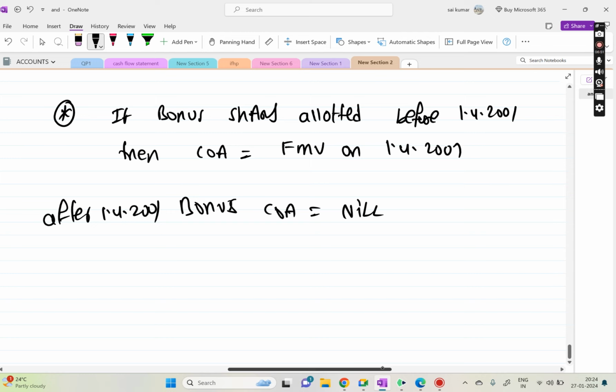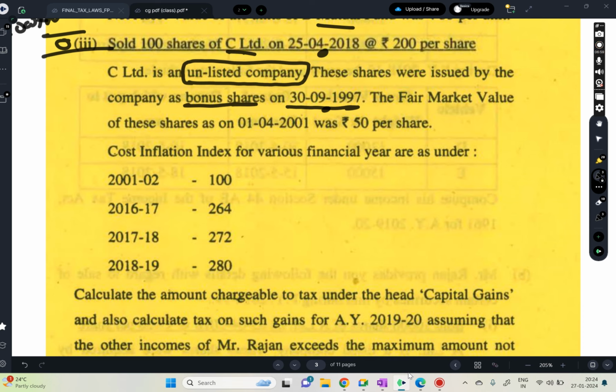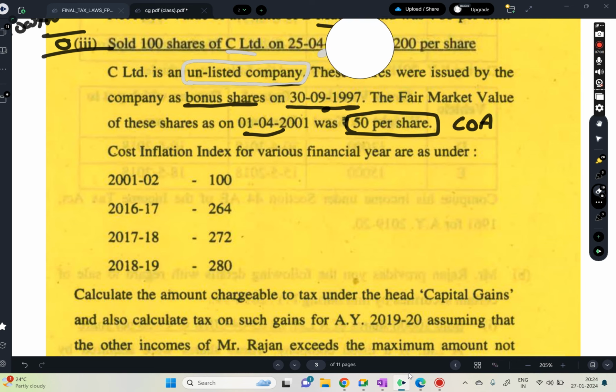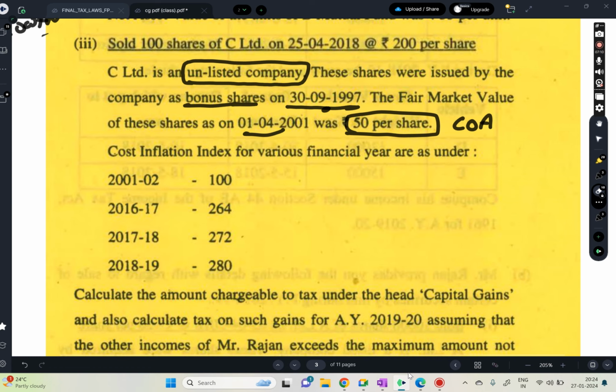If bonus shares are allotted before 1/4/2001, then we have a cost of acquisition for this. Normally cost of acquisition is nil, but here the cost of acquisition is the fair market value on 1/4/2001. So the cost of acquisition is 50 per share. That's all. There is not much to do in this question.